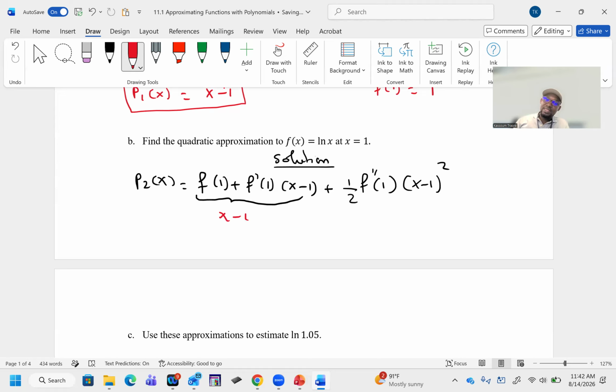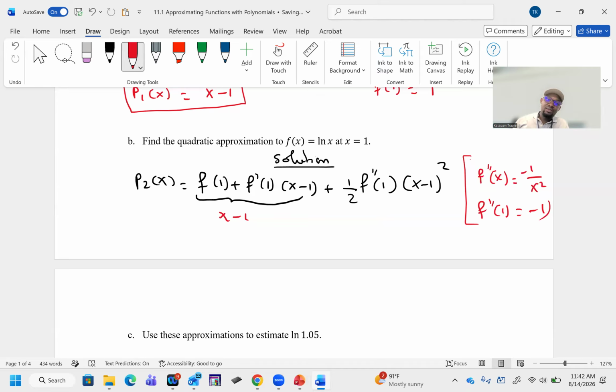So we need to find the second derivative of f. The second derivative of ln x will just be -1 divided by x squared. So the second derivative of f at 1 is -1.